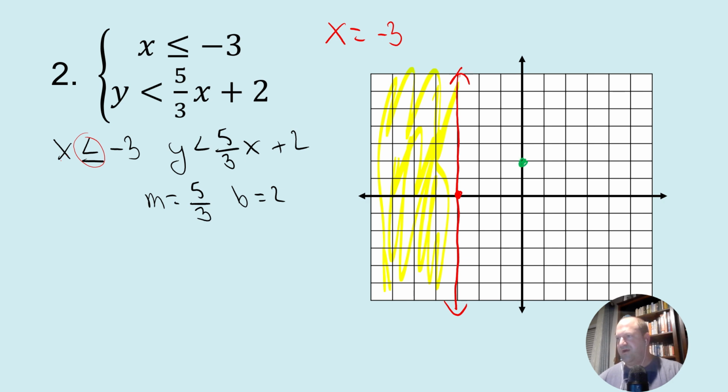We're going to go up 5 and right 3. Since it's just less than, we're going to have a dashed line. It's not equal to, and to get the points on the left side, I'm going to reverse that slope. Instead of going up 5, right 3, I'm going to go down 5 and back 3, and then a dash.